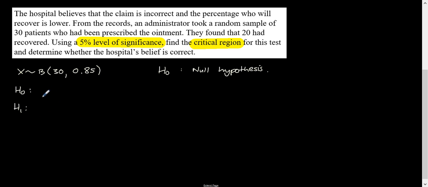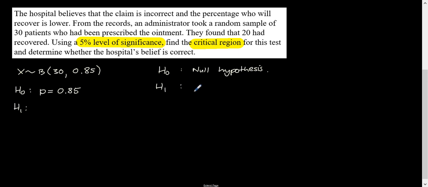So the null hypothesis, when we're dealing with a binomial hypothesis test, is always that the probability is what it says it is. So this is always the same. For our binomial tests, H0 is always P, meaning probability, equals the probability given in the question, in the distribution.